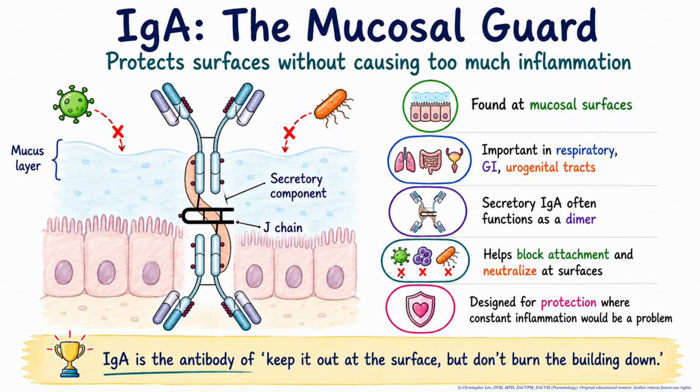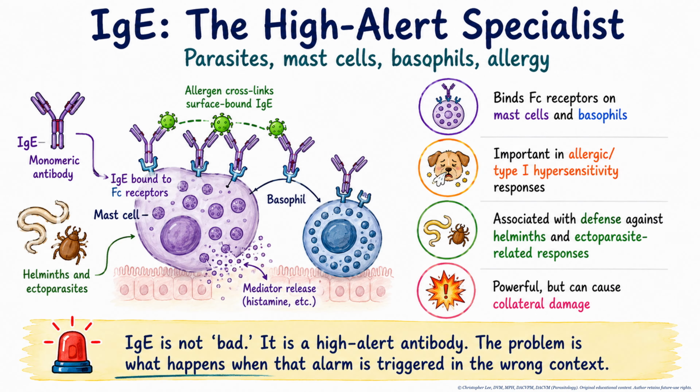It often functions as a dimer, with the J chain and secretory component that help it move across epithelium and persist in secretions. Rather than launching a major inflammatory event every time something touches the mucosa, IgA helps block attachment, neutralize organisms or toxins, and keeps threats at the surface. IgA keeps things at the surface without burning down the building.